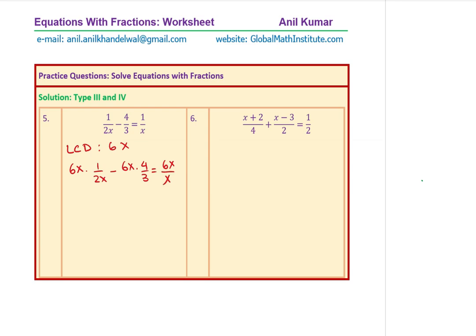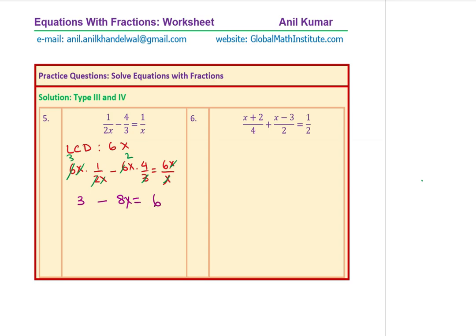Now you need to simplify it. So x and x cancel. 2 goes 3 times. In this case, 3 goes 2 times. And here x and x cancel. Then you write down the simplified equation, which is 3, in this case, minus 2 times 4, 8x, right? So 8x equals, we get 6 here.